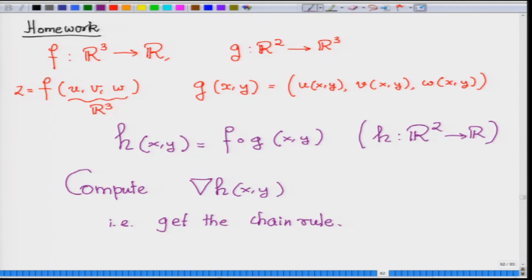So, g will be a function of x y z, with u of x y z, v of x y z, w of x y z, and h would be h of x y z, a function from R3 to R. Then you can get the chain rule. You can make it more and more complex, but just for homework do this, and I request you to try it the way I worked out the one before.